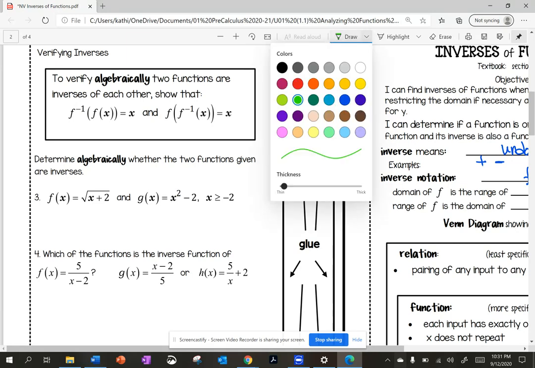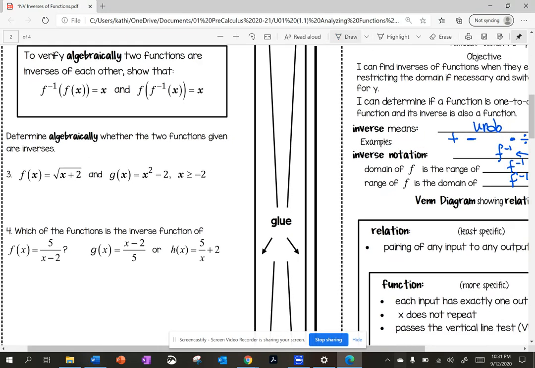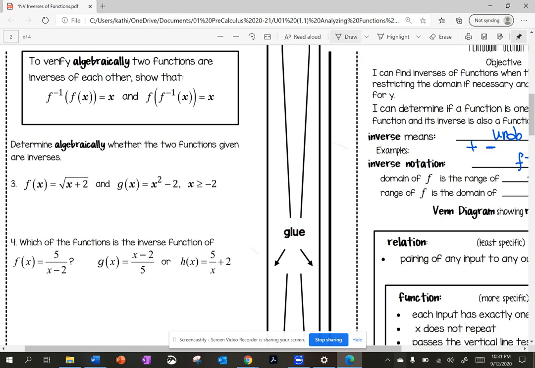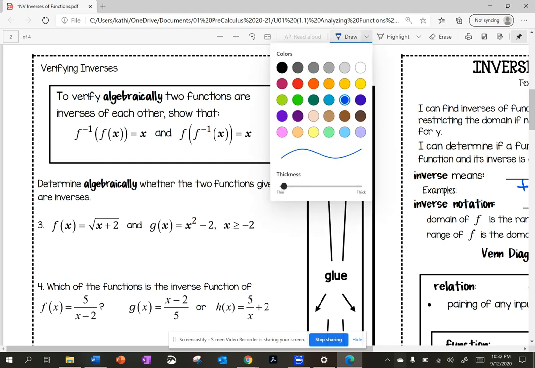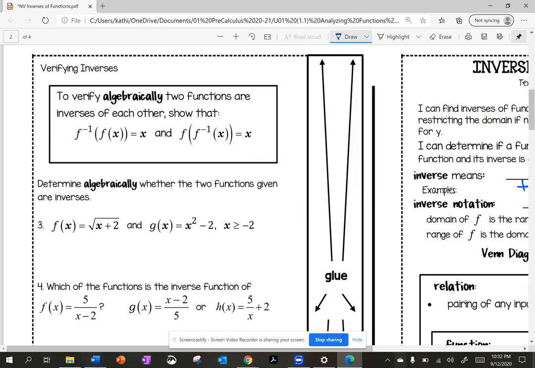So again, the x comes from that I'm symmetrical over the y equals x line. Okay. This is where the x comes from.